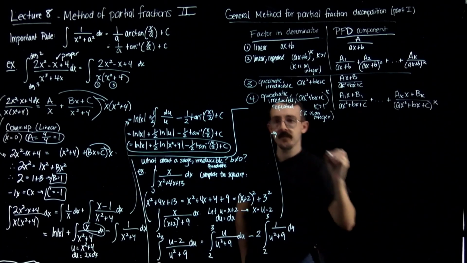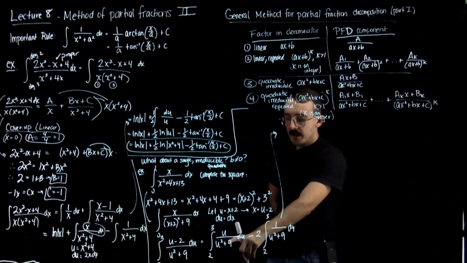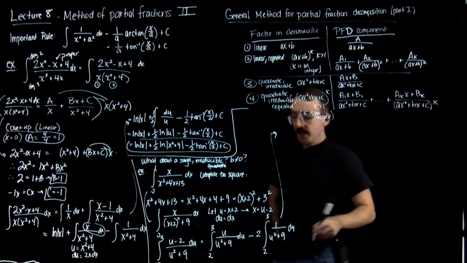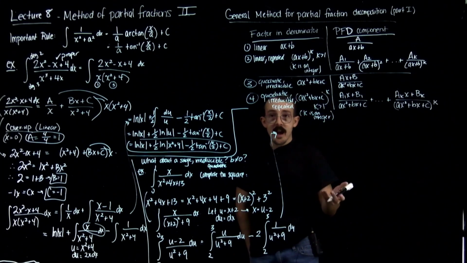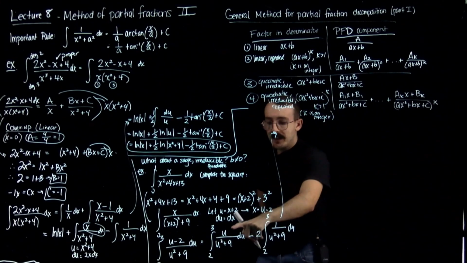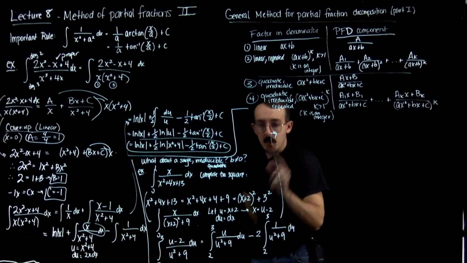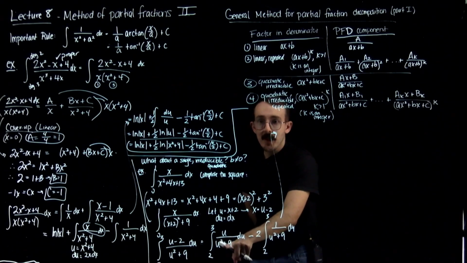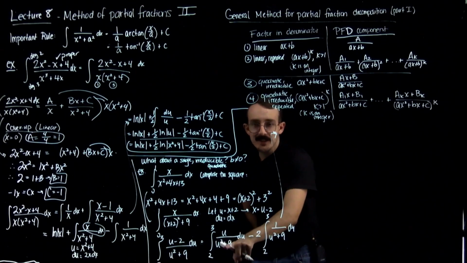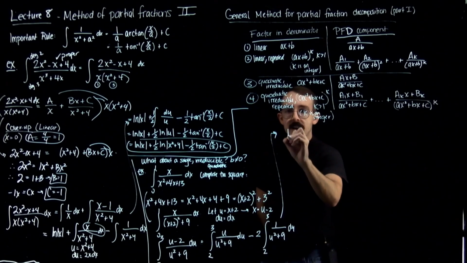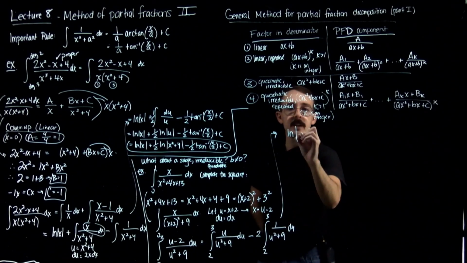Let's move up here. So this right here, u over this, is some form of ln, because the difference in these powers is off by 1. The denominator has a power of 1 greater than the numerator. This is degree 2, this is degree 1. So this is ln of the denominator.